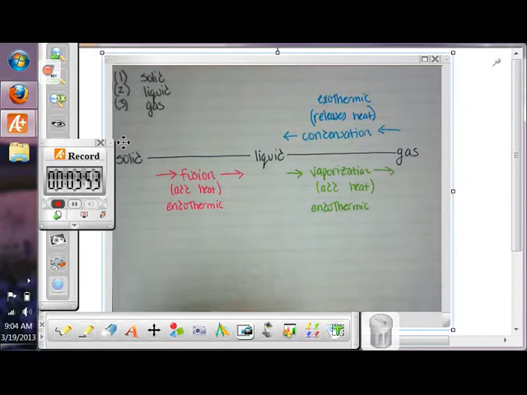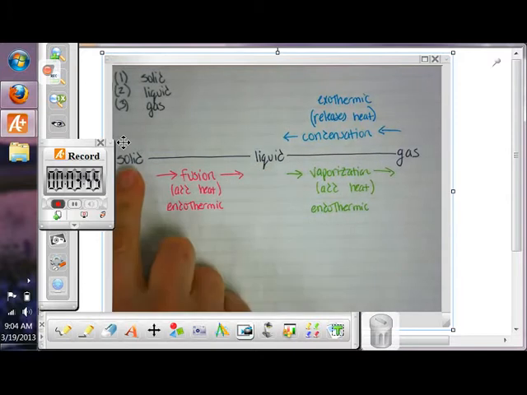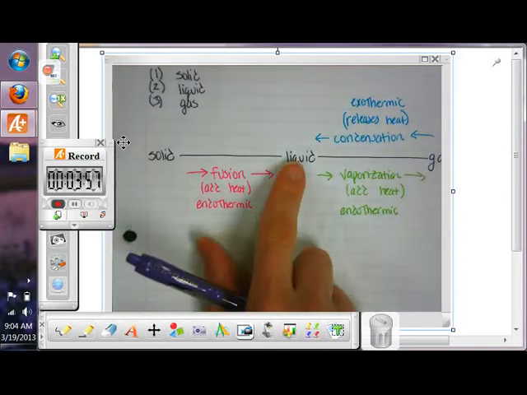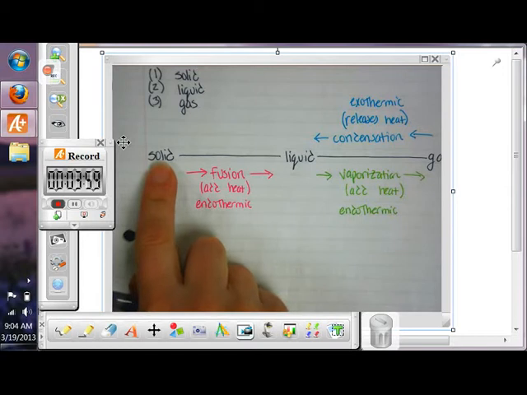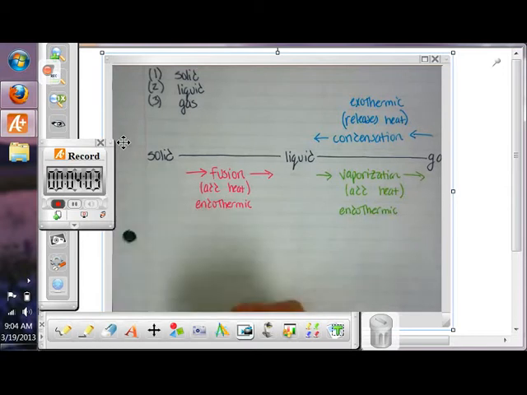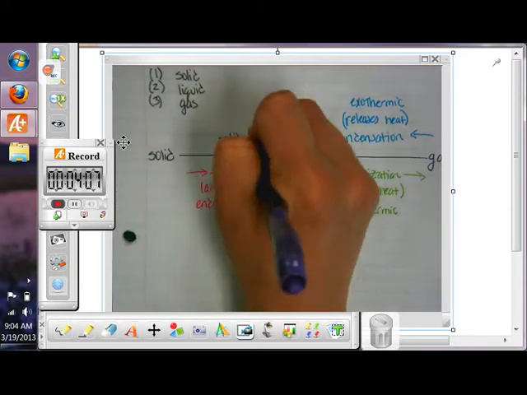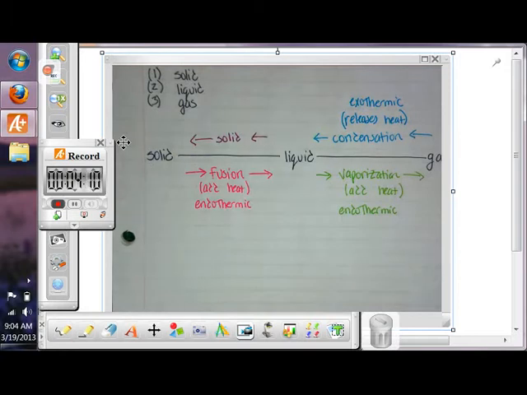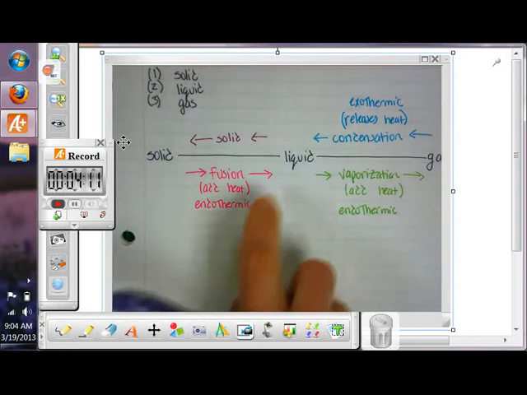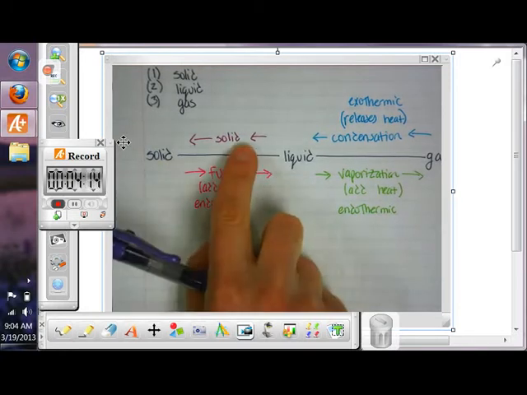And to go from a liquid to a solid. Now, the word to go from a liquid to a solid is a very complicated word. It's very, very difficult to remember. And that word is solid. Haha, fooled you. Not a very difficult word to remember. So to go from liquid to a solid is just called solid. That's that phase change.